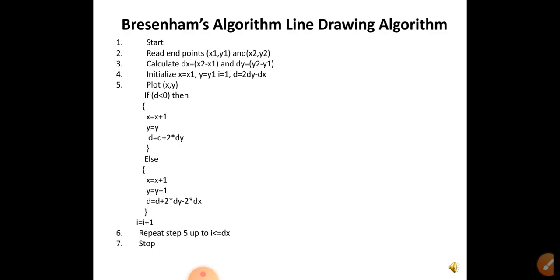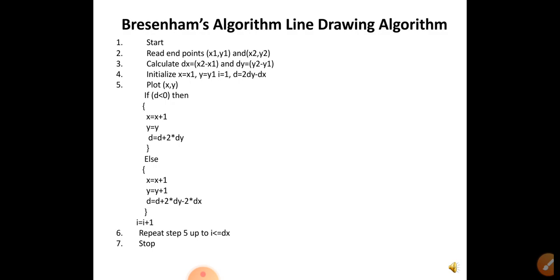Now plot means put that initial pixel point on the screen: plot x comma y, then check whether the decision parameter d is less than 0. If the decision parameter is less than 0, increment x by 1, no need to increment y, and the new decision parameter for the next step is d equals d plus 2 dy.